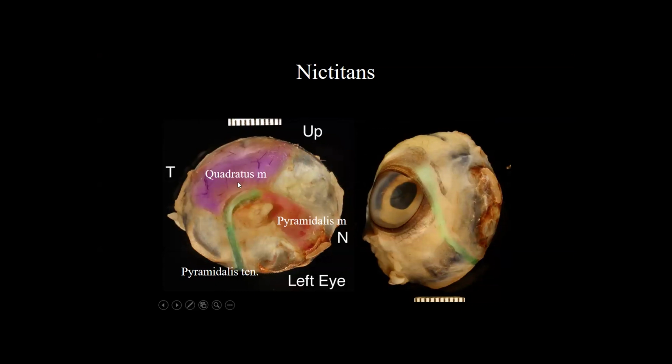I've opened it up, and then here's the pyramidalis muscle. So the action of the pyramidalis tendon depends on these two skeletal muscles, both of which are attached to the sclera, and they're both innervated by the abducens nerve. They're the equivalent of the retractor bulbi that we see in some mammals.